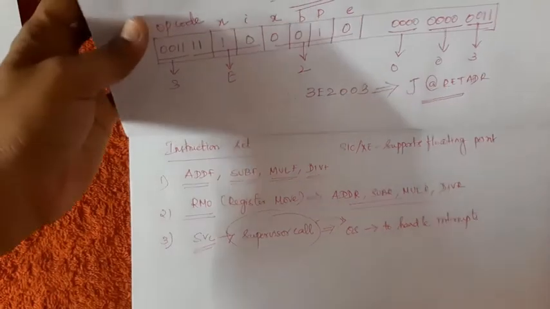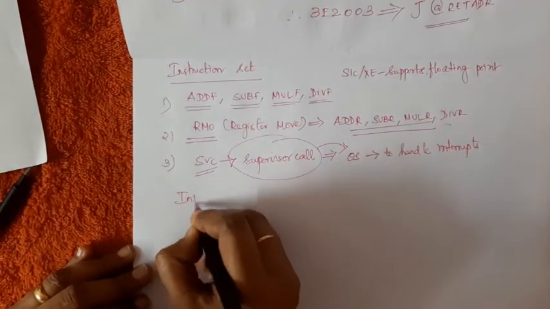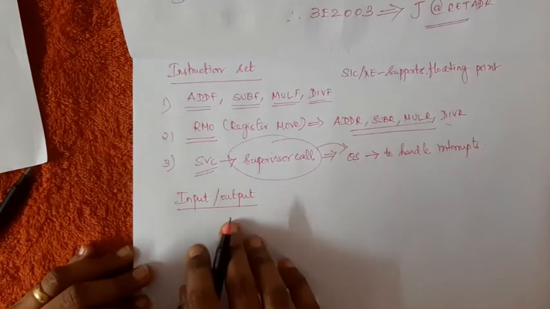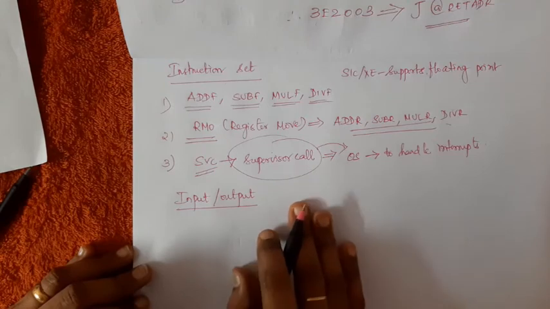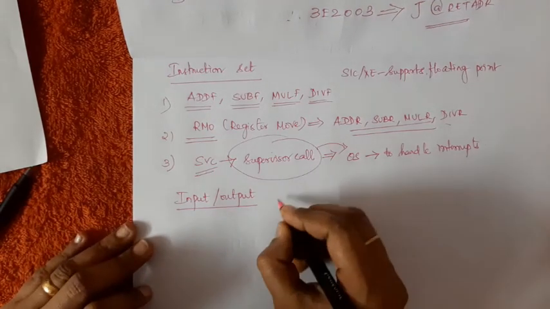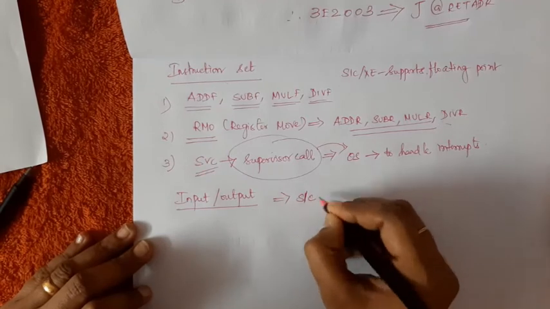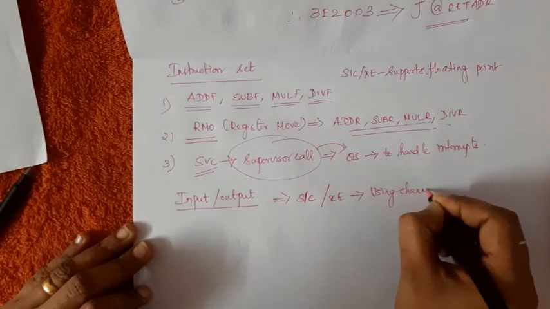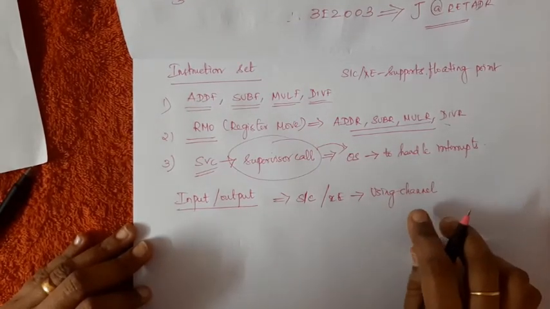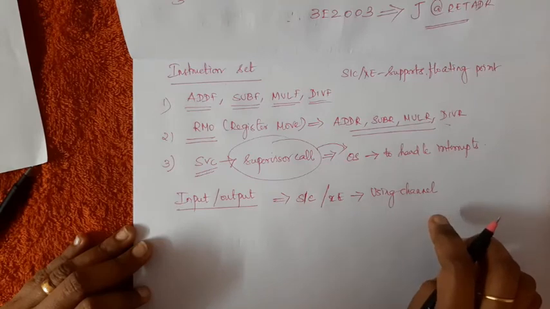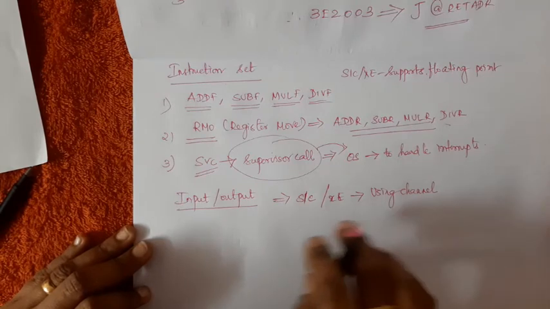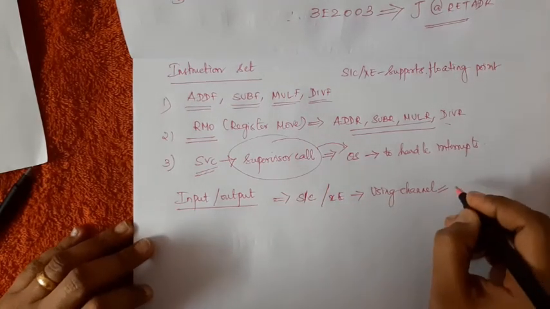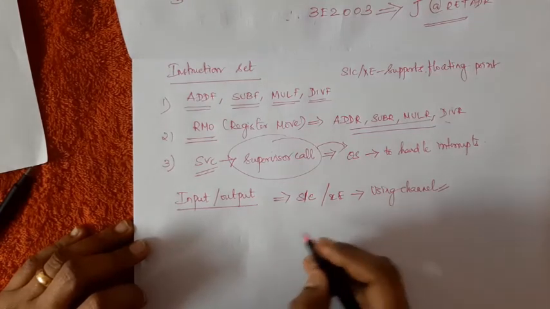And finally, we go for input and output. In SIC/XE, the input and output operations can be performed using channels, whereas in SIC we use devices, with instructions TD, RD, WD. Here in the extra equipment version we use channels to transfer the data.